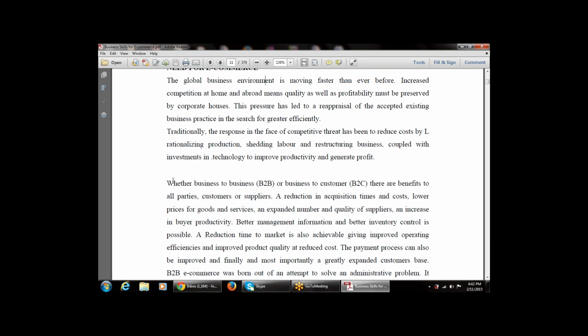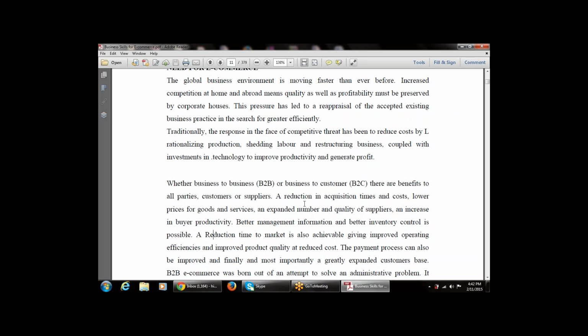Next point says, whether business to business, that is B2B, or B2C, there are benefits to all the parties, customers or suppliers. A reduction in acquisition times and cost, lower prices, expanded number and quality of suppliers, and an increase in buyer productivity.